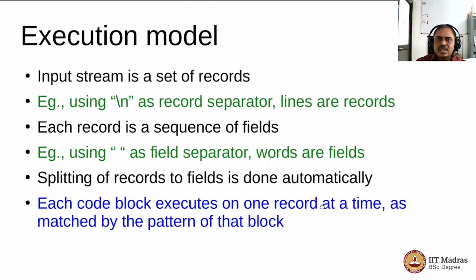So if you can understand this concept by using the examples that I am going to show you, then you would view the programming of processing a set of records containing fields very differently compared to the traditional way of programming, where you open a file, do some action and close it. And by the nature, the number of records is not relevant, so the AWK programming model would scale quite well, and you don't have to worry about the size of the file because it is processing one record at a time.